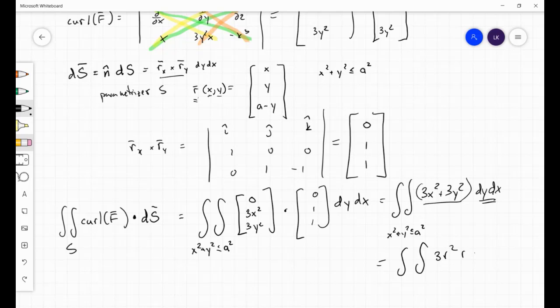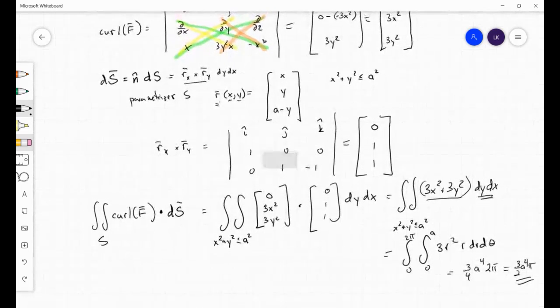Differential area element in polar is r dr d theta. And theta goes from 0 to 2 pi, and the radius goes from 0 to a. Okay, so we get what? We get 3/4 a to the power 4 if we integrate with respect to r, and we get 2 pi when we integrate with respect to theta. Okay, so that would be our final answer.